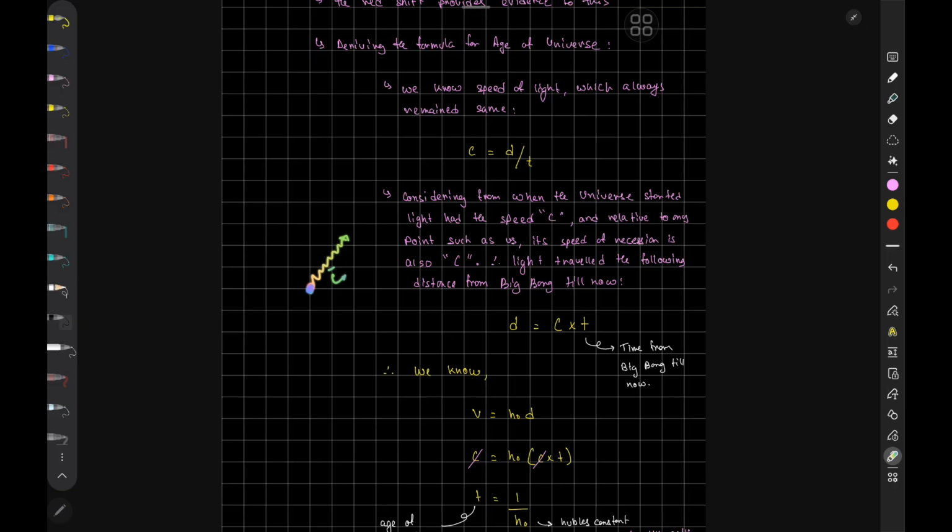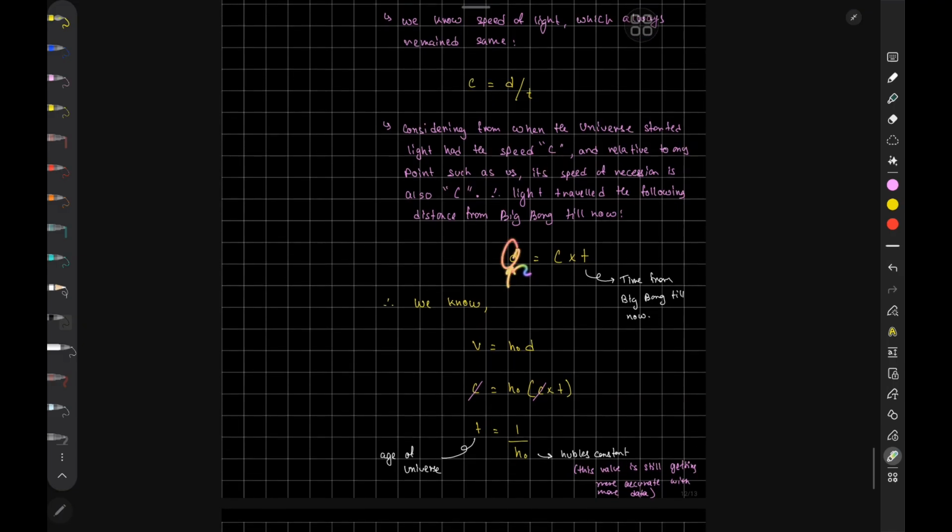And relative to this specific point, its recession velocity would also be c. So from this point till today, light has been traveling with a recession velocity of 3 × 10^8 with respect to this singular point.